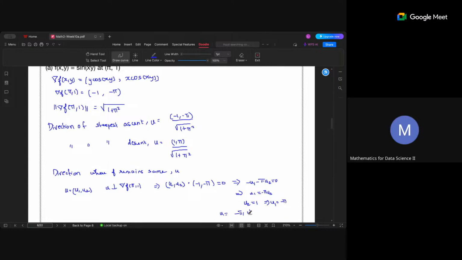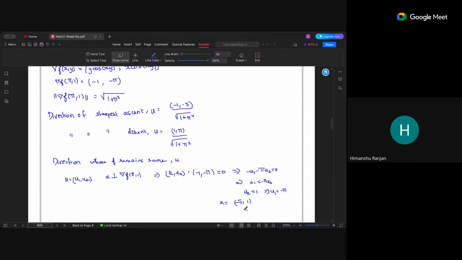Minus pi comma 1 upon root of 1 plus pi square. Exactly. So your u is nothing but minus pi comma 1 by root of 1 plus pi square. You understand how we got this u? So for the direction in which f remains the same, you need to find the vector which is orthogonal to this vector.